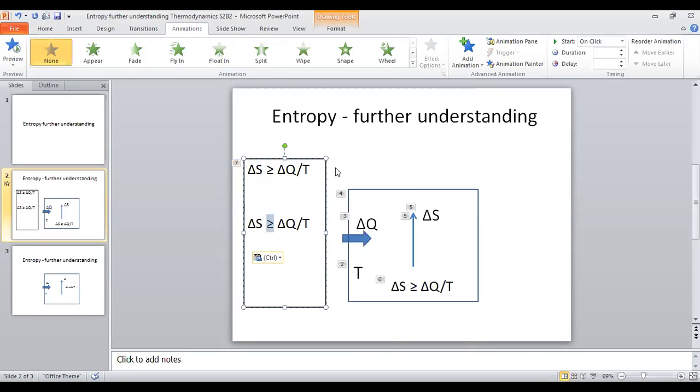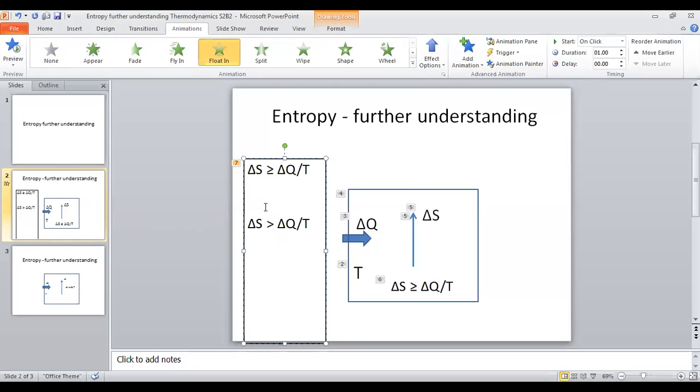One is equal, the other is greater than. Combining both we call greater than or equal. Delta S when it's equal, let me take this first.